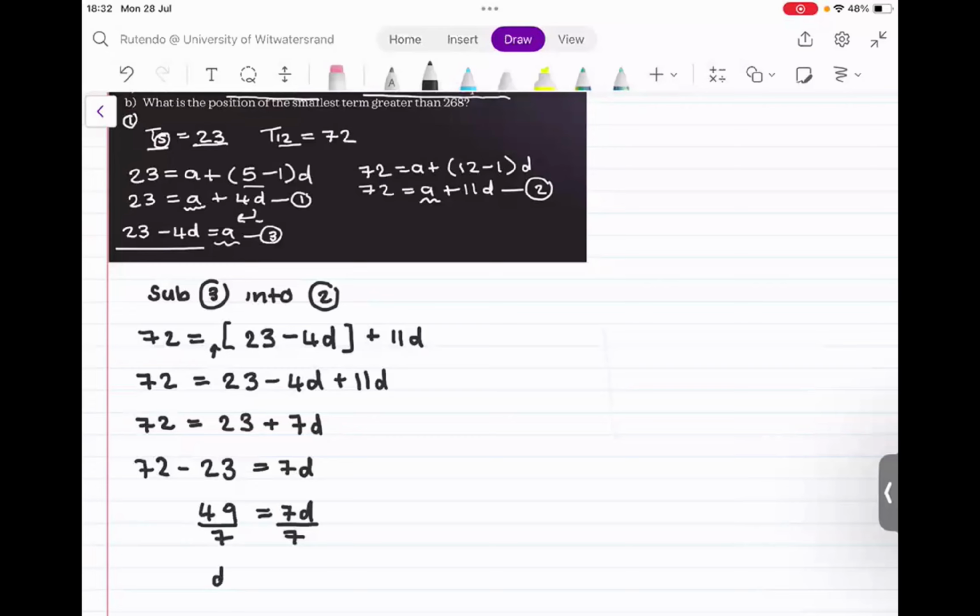So I'll have D is equal to, well, let's keep it on the same side. 49 divided by 7 is 7. So D is equal to 7.